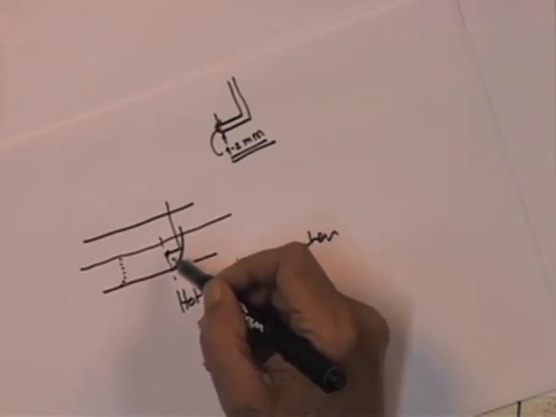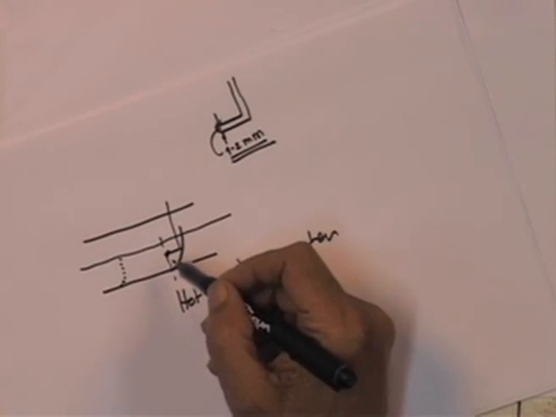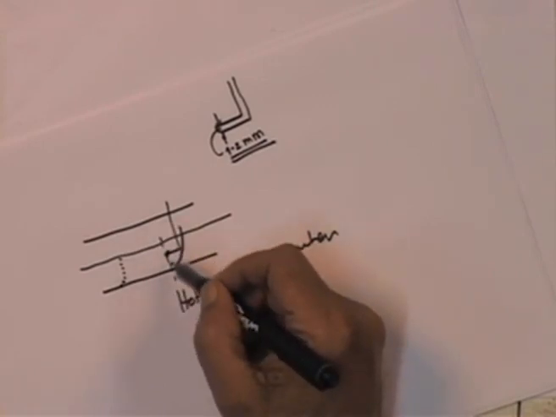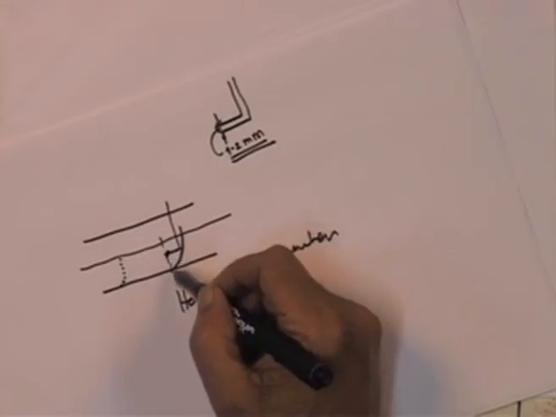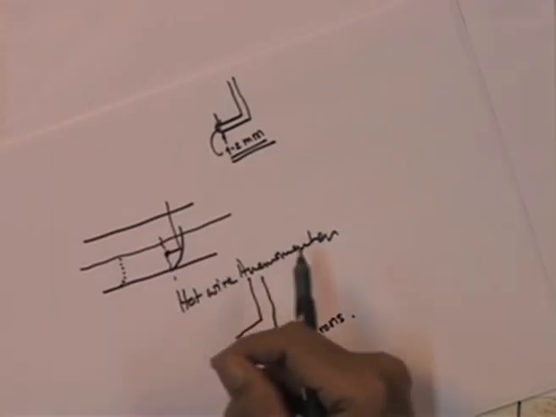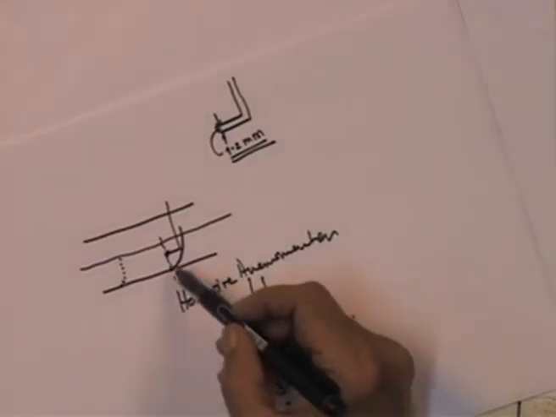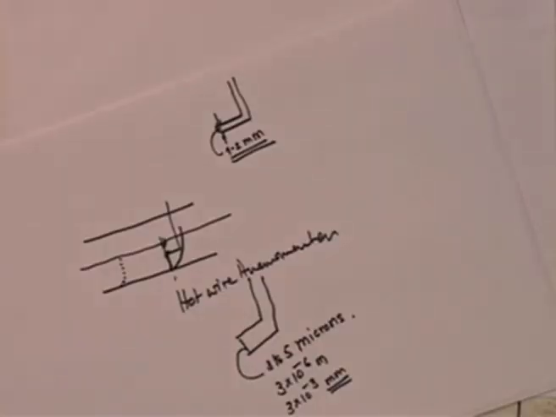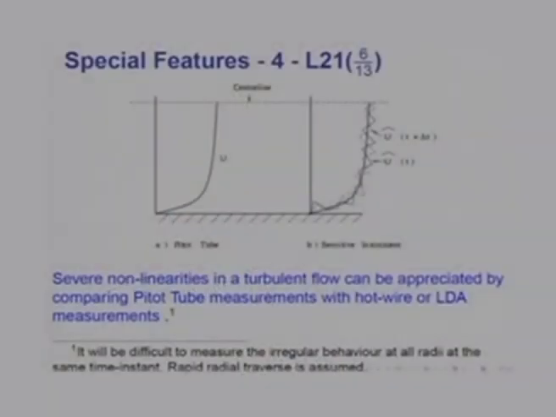But we can do a thought experiment for a moment and say we move the hot wire from the wall to the axis swiftly, very fast, such that it picks up almost instantaneous velocity at the same time instant at different positions. Mind you, this is a thought experiment. Then what will it look like?